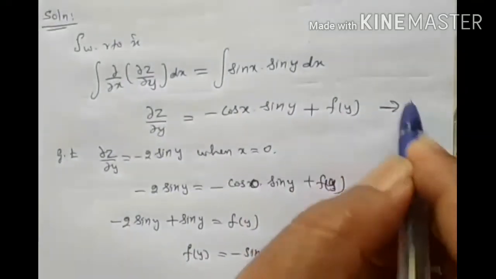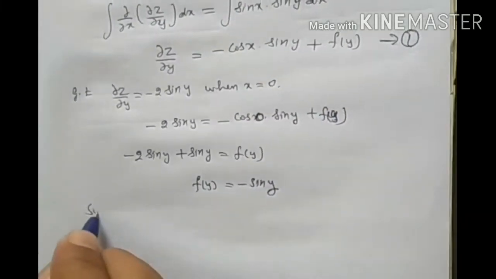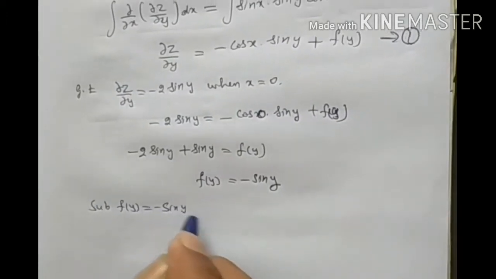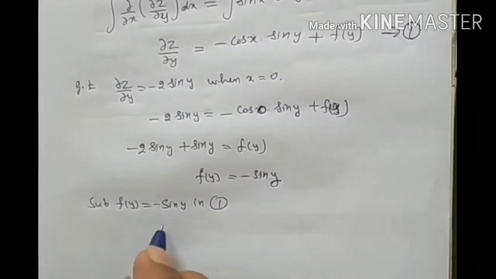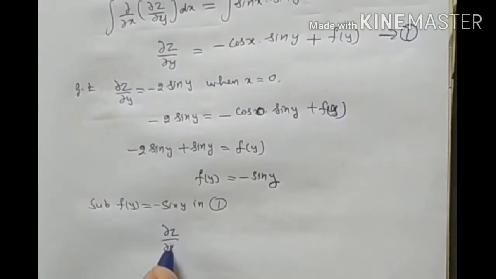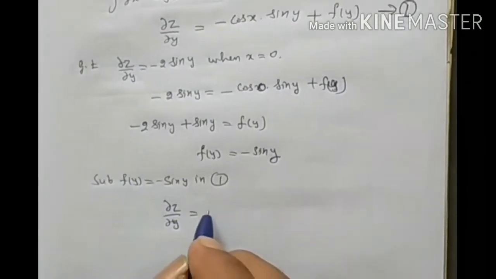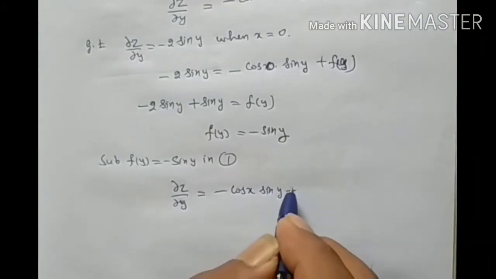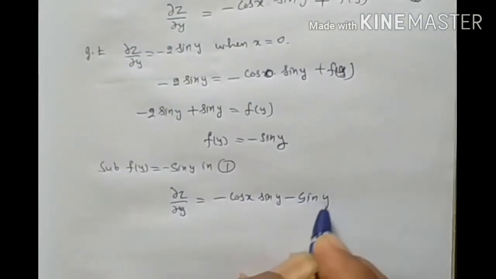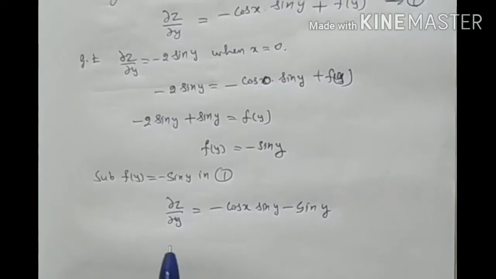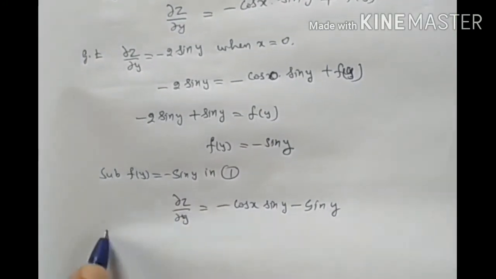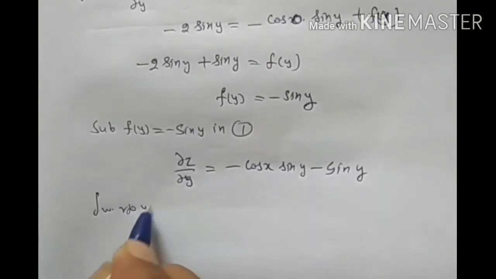Now substitute f of y equal to minus sin y in equation 1. Dou z by dou y we can write as minus cos x into sin y minus sin y. Now we integrate this with respect to y.